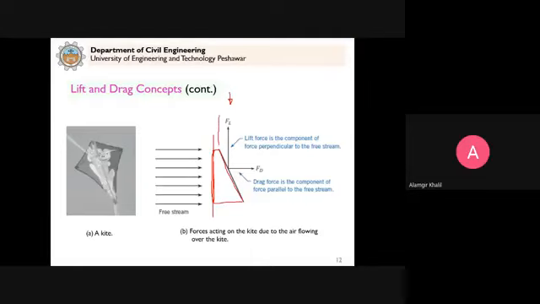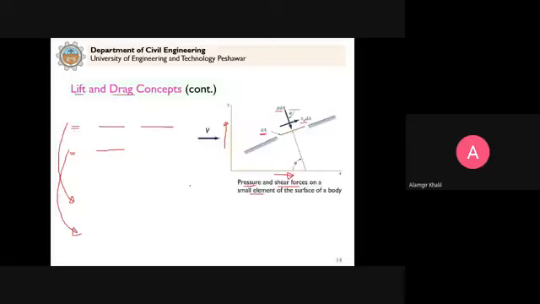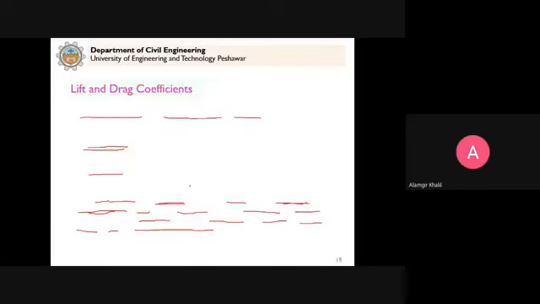Clear? This will appear like this to you. If I extend this, you can see here this area will appear like this, the planform area. This is how you look at this from the top. So for the lift calculation, in that case, this dimension we have to consider for this body. So this is how you will calculate the area, clear, in these equations.